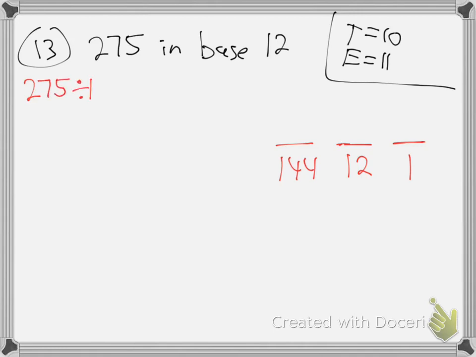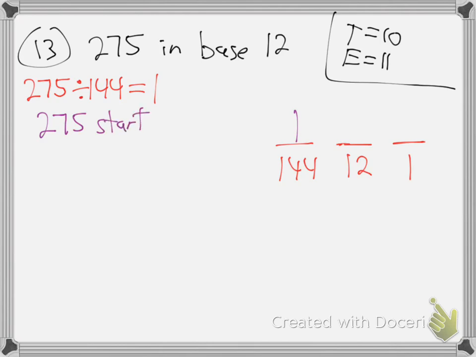275. See how many 144s go in? Just one, huh? Almost two, but only one in the end. So 1. Keep going. 275 is what we started with.